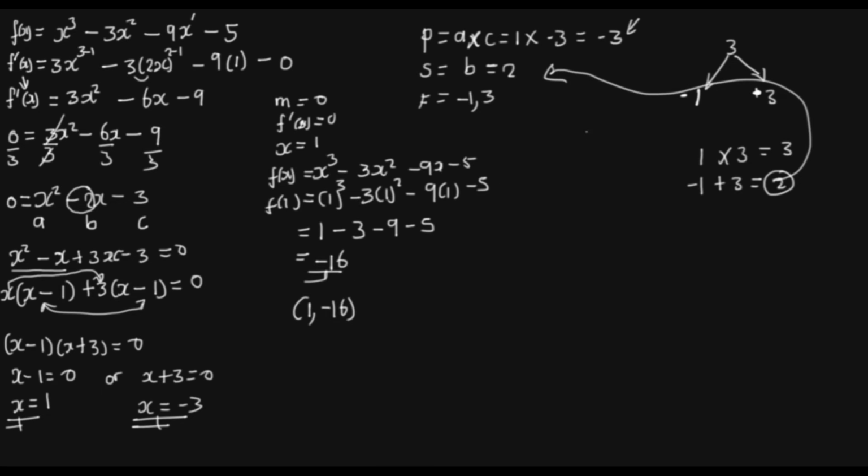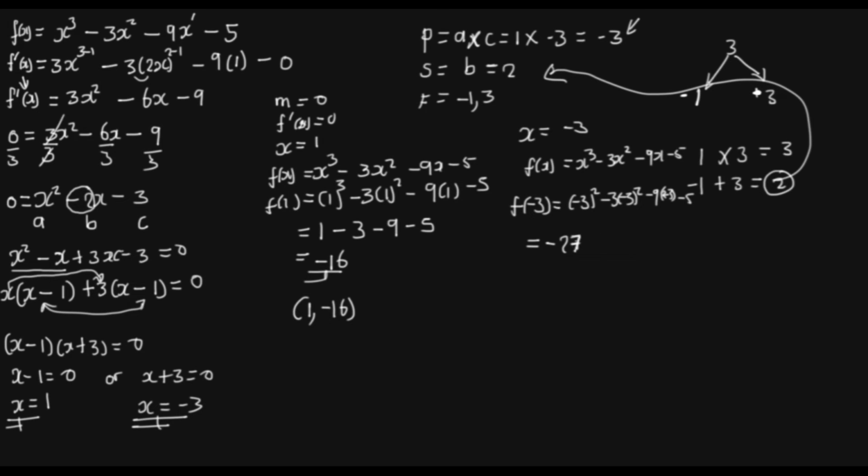Let's also find the other y value where x is equal to negative 3. So we can see now f of x is equal to x raised to the power 3 minus 3x squared minus 9x minus 5. So f of, where there is x, we substitute with negative 3. So negative 3 raised to the power 3 is negative 27.